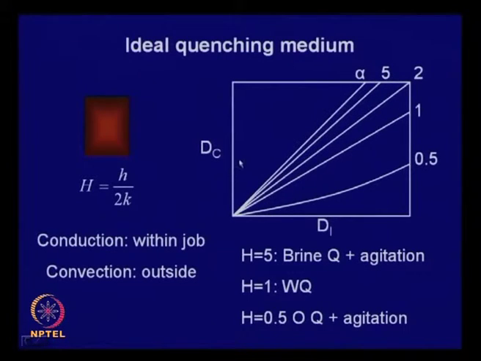Whereas in other cases, for a particular material, if you find that Di is say 2 inch or something, and then if you quench in oil, you can find out the depth up to which you can practically get a hardness corresponding to 50% martensite and 50% pearlite, which is definitely much lower than the ideal diameter.